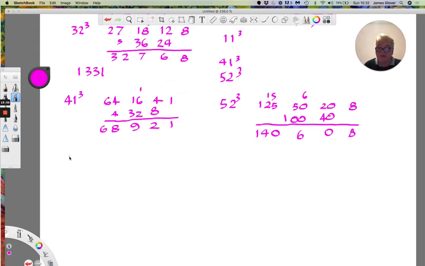Okay, so I'm just going to imagine that our 2-digit number is AB. We're cubing it. And the first step was to set down the cube of the first digit.